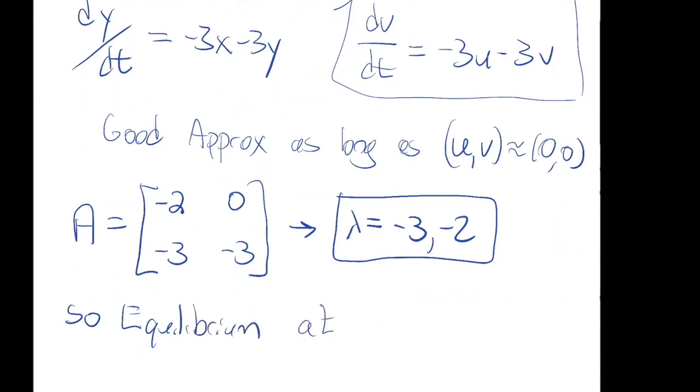So the equilibrium at 1 minus 1 is a stable sink, since we have two real negative eigenvalues.